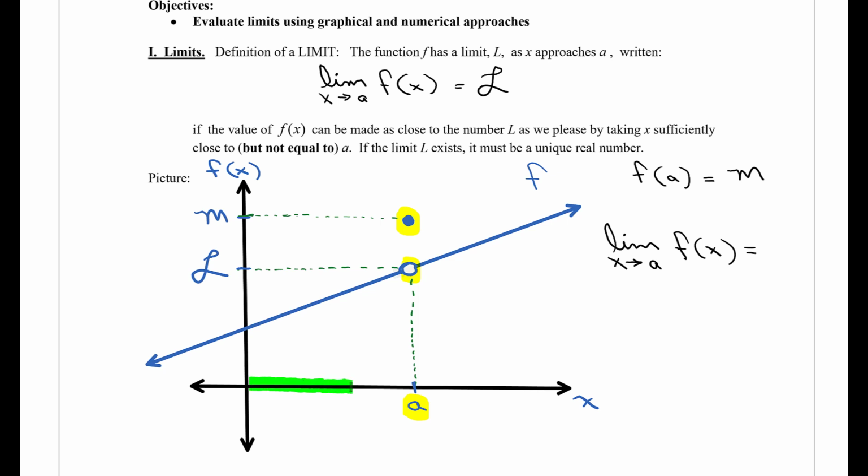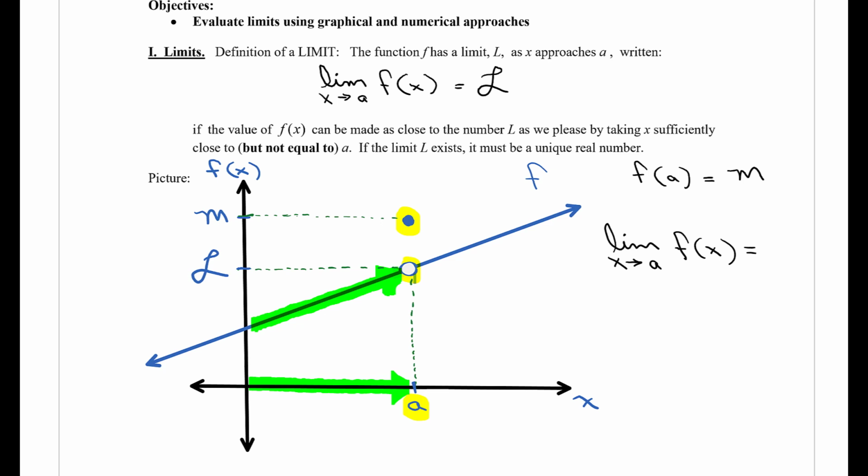I'm going to highlight in green coming in from the left-hand side as I'm getting close to a on the x-axis, and I'm also going to highlight in green on the function as I'm getting closer and closer to that value of x equal to a, and closer and closer to that y value of L here.